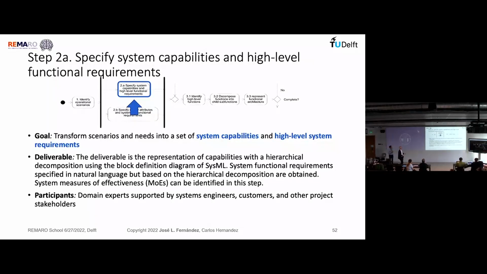When you identify the scenarios, you have to identify high-level functionality, high-level functional requirements, and capabilities. Capabilities is a very complex concept, most used in two areas, military and space. And the definition of the military and the definition of NASA of capability is not exactly the same.